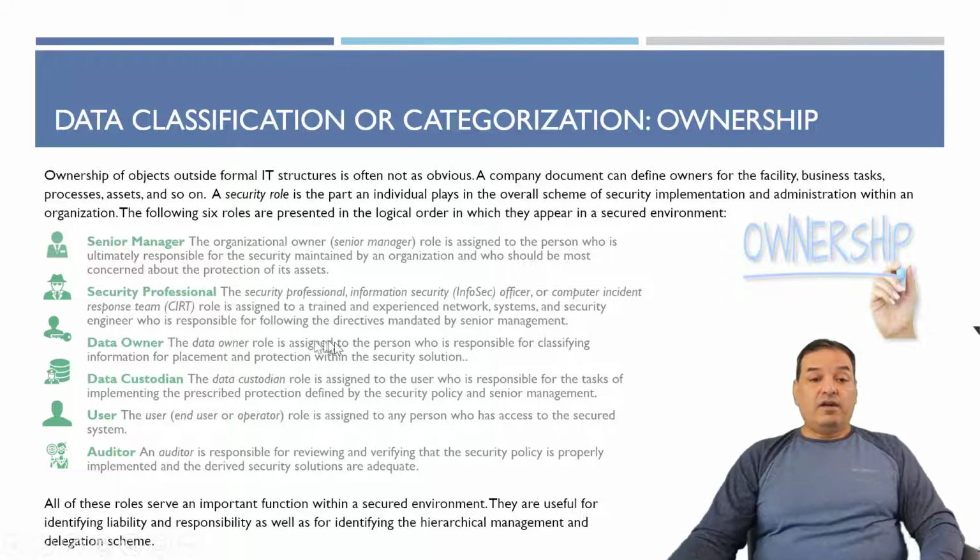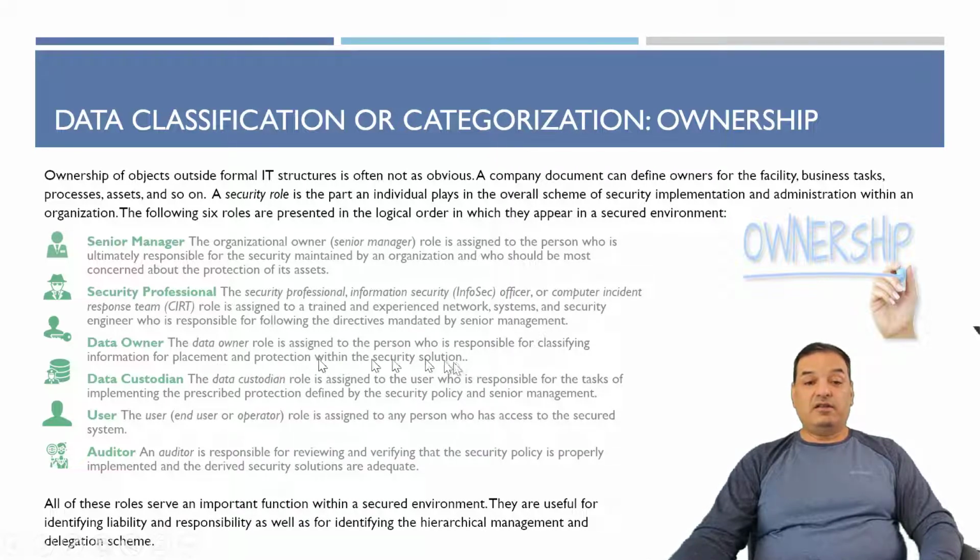Data owner, this role is assigned to the person who's responsible for classifying information for placement and protection within this security role. Data custodian is assigned to the user who's responsible for the tasks of implementing the prescribed protection defined by the security policy and senior management.